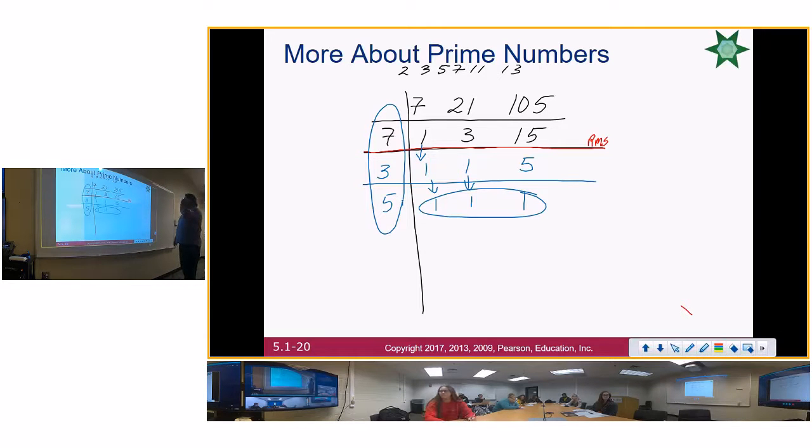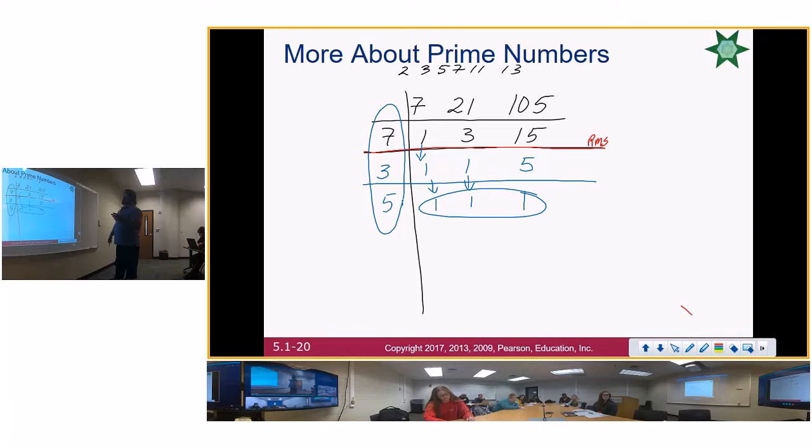And that's going to be 21 times 5. Now, it just so happens that it comes out to be 105. Is that going to happen all the time? No. We'll do one here in just a minute that it might not be 105. Okay, it might be something totally bigger.